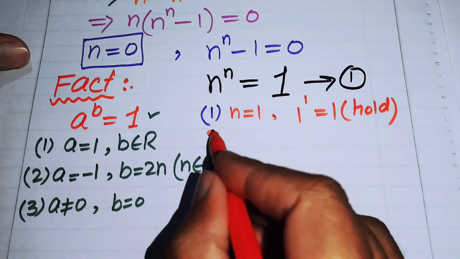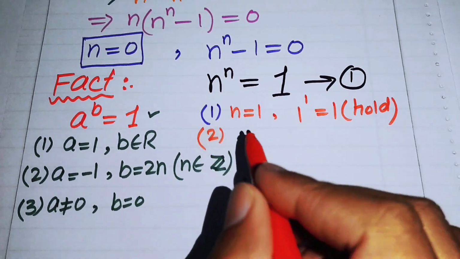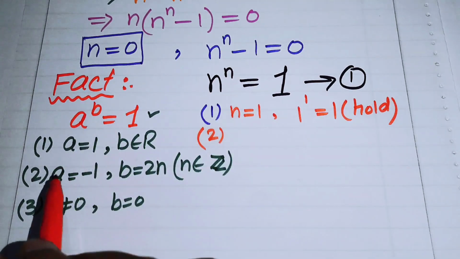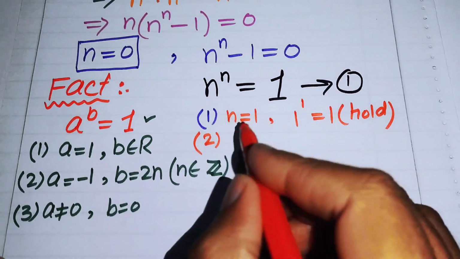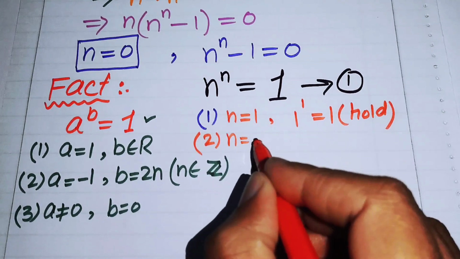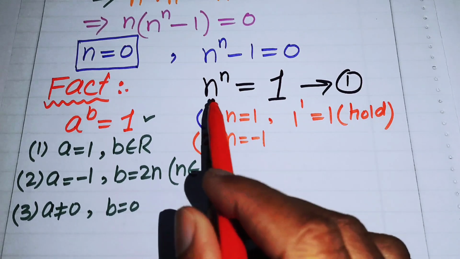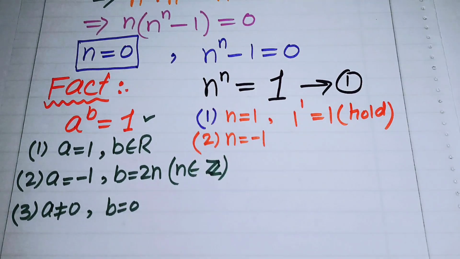Now in the second case, if we choose a equals -1, so here we choose n equals -1, and you see that our base and exponent are both n.